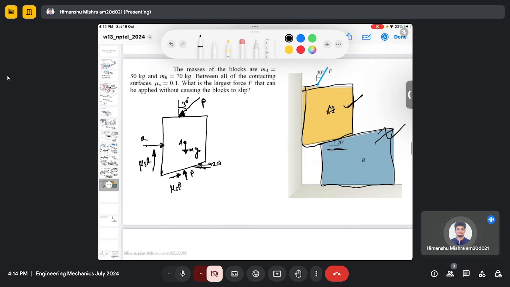Now once we draw the free body diagram of block A, we can use the force balance analysis to find the unknown force.